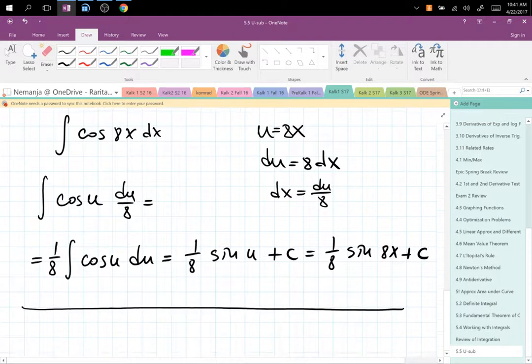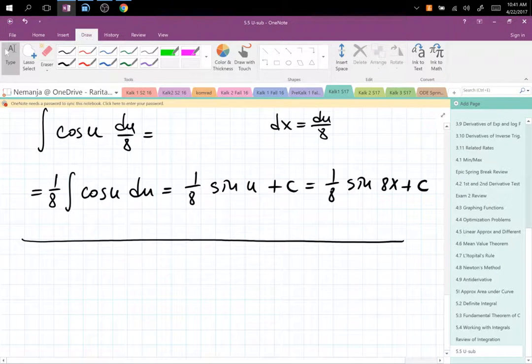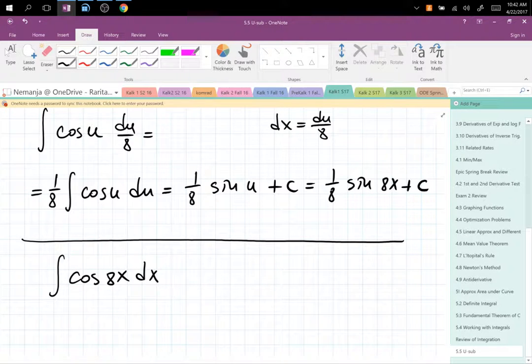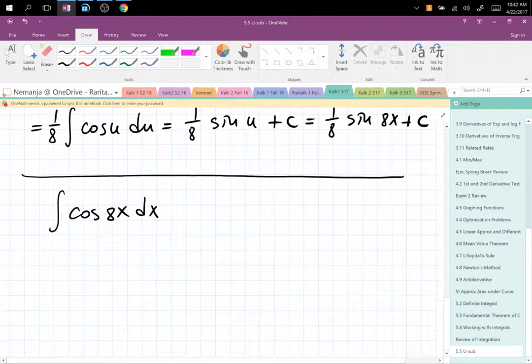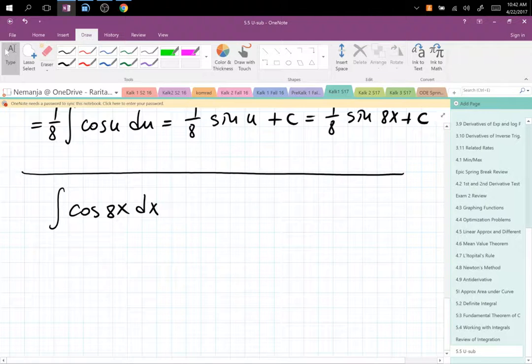Now, I would like to do the same problem, integral cosine 8x dx, but I'm going to switch it just a tiny bit, okay? First of all, I want to emphasize one more time that there is a multiplication symbol in between the function f of x and dx.